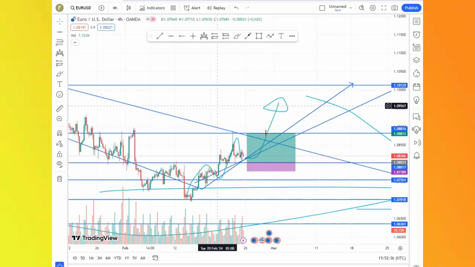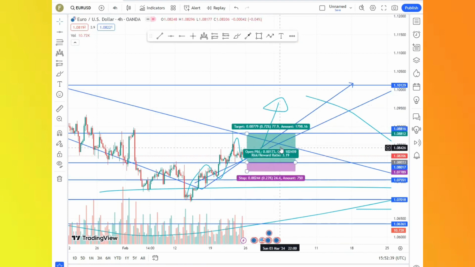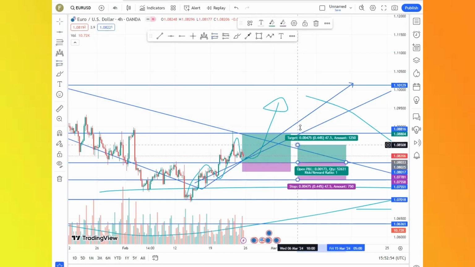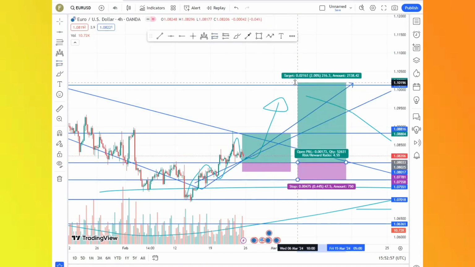So we can expect a beautiful trade from this punch here, to the upside.